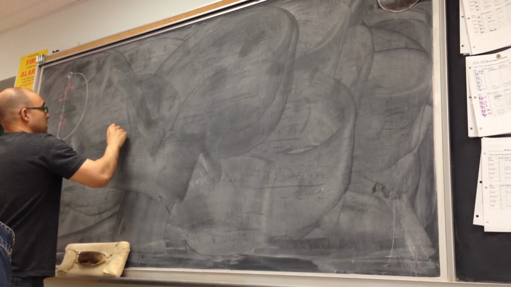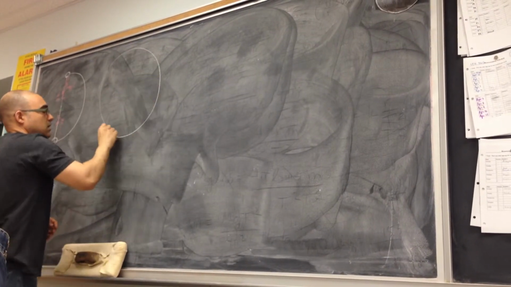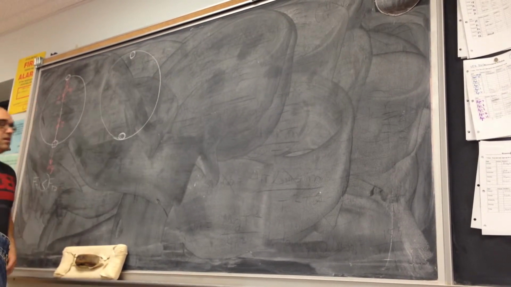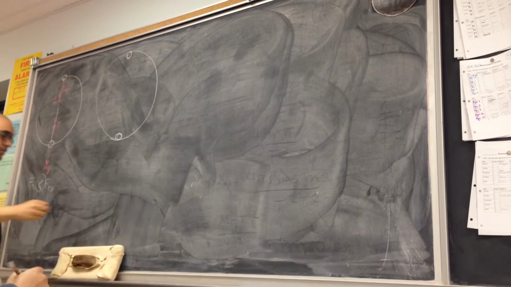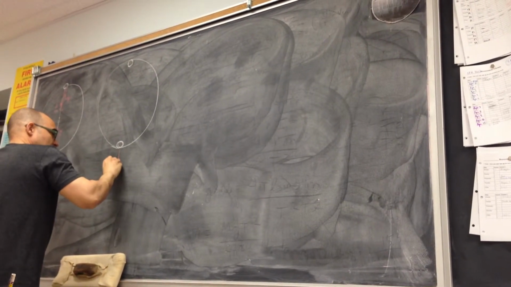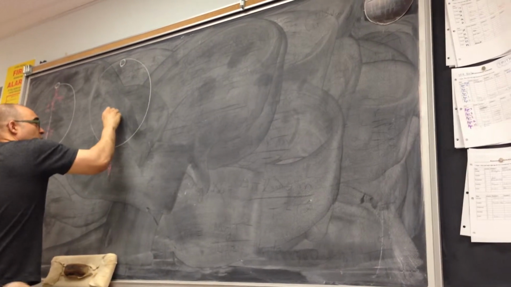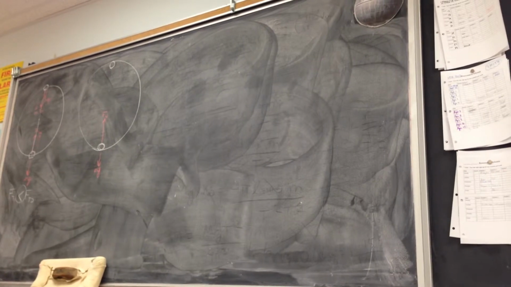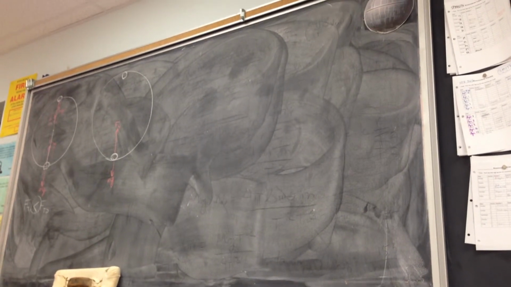So for the roller coaster, we'll just use a marble instead. If the marble's at the bottom, we've got a downwards weight vector, an upwards normal force vector, and which one is greater? Normal force or weight? Normal force.